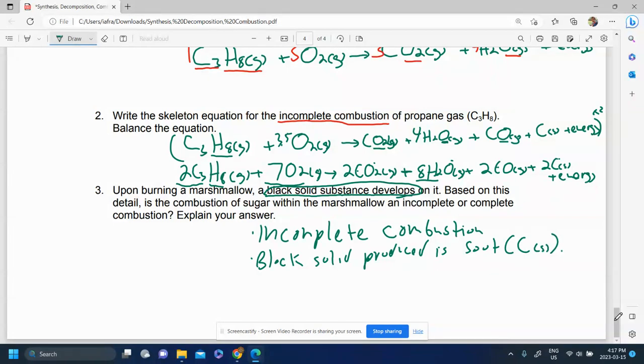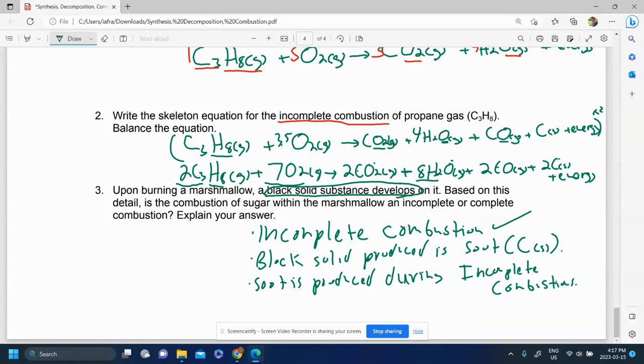And so that's my piece of evidence there. We have an incomplete combustion because a black solid produced is soot, and soot is produced during incomplete combustions.